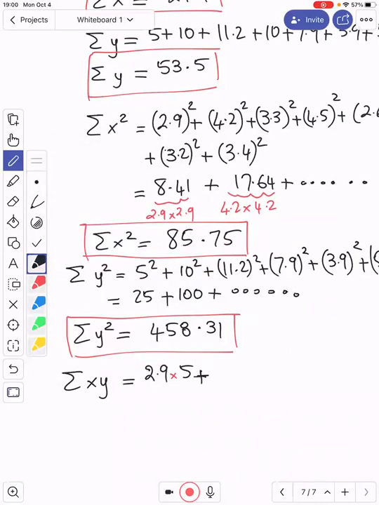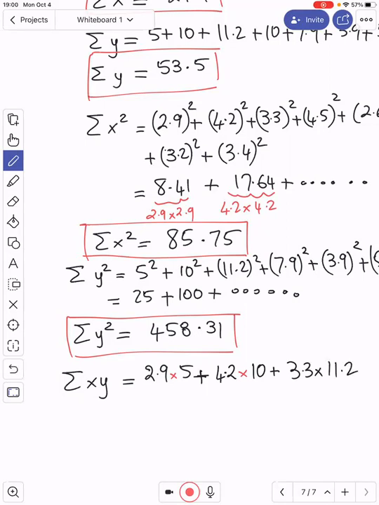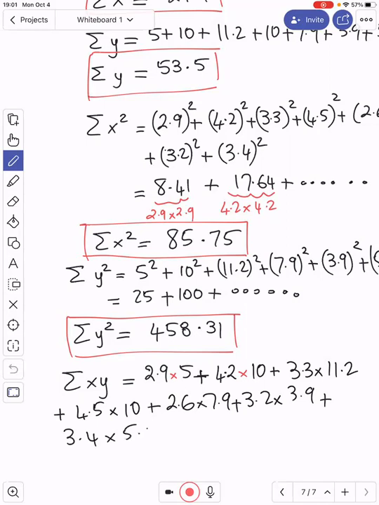So plus here it's 4.2 times 10, etc. Right? So it's then like 3.3 times 11.2, plus the 4.5 times 10, 2.6 times 7.9, the 3.2 times 3.9, and plus 3.4 times 5.5.